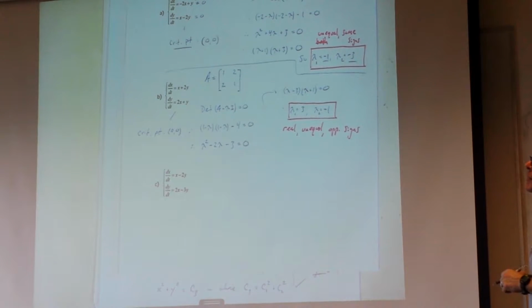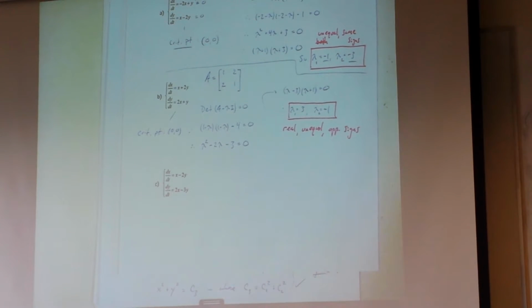If they're both the same and negative, it should be stable. Maybe a spiral node. If they're both negative, then it will be stable. And I think it's a spiral. But that'll help answer the question.